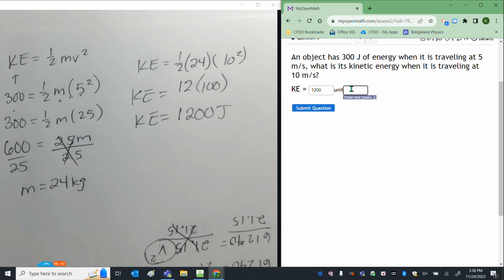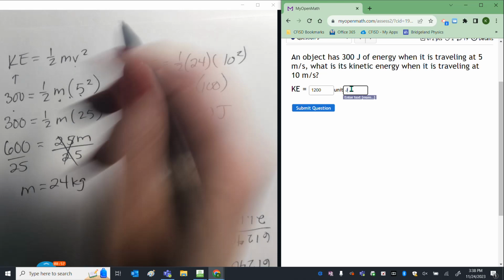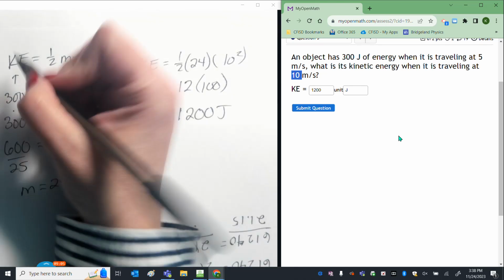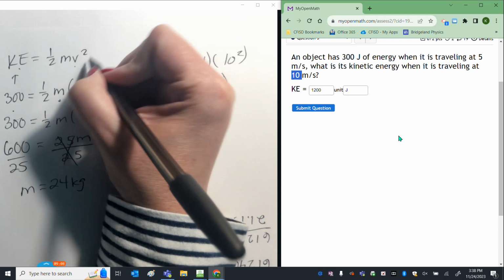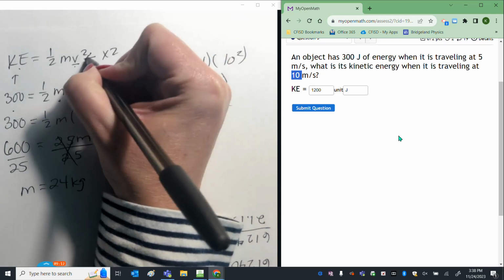No, I didn't, because all I had to do was understand the relationship between the velocity and the kinetic energy of an object. What I basically did in this question is I said, it's initially 5, let's double it to 10. You should be able to answer what happens to KE when you double velocity.